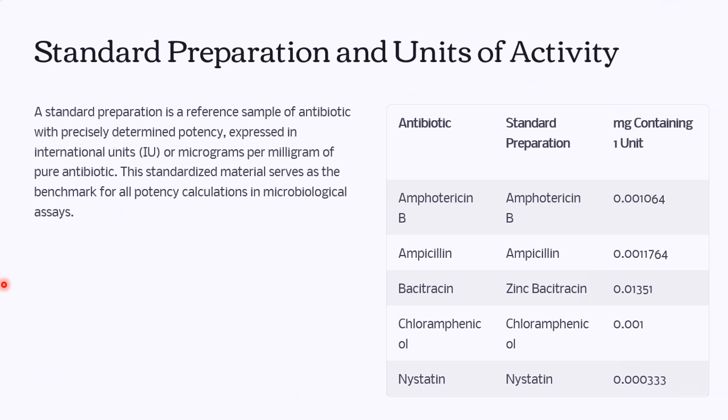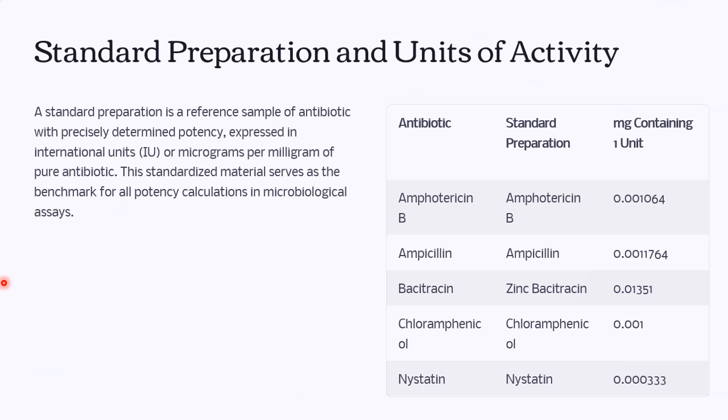For ampicillin, we use a standard preparation containing 0.001174 milligram in 1 unit, and for bacitracin we use standard zinc bacitracin preparation containing 0.01351 milligram in 1 unit.